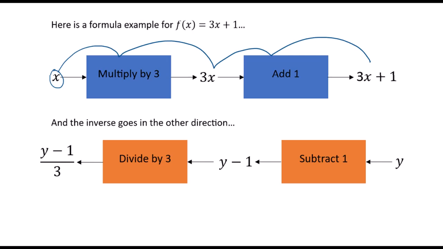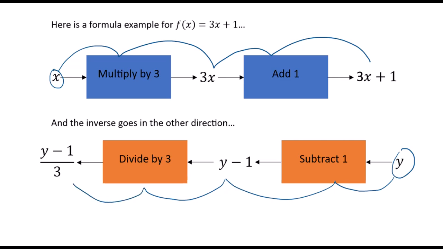Now the inverse goes in the other direction. We start with some output from the other function. We subtract 1 instead of adding 1. That gives us y minus 1. And then we divide by 3 instead of multiplying by 3. So we have the result of (y minus 1) over 3.